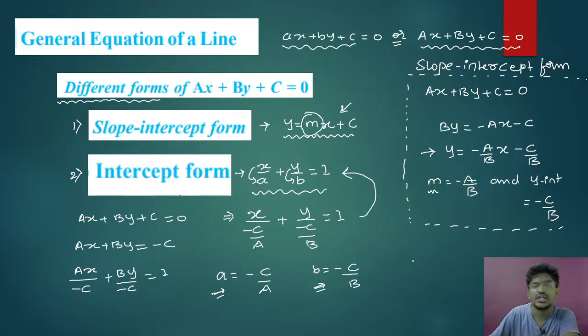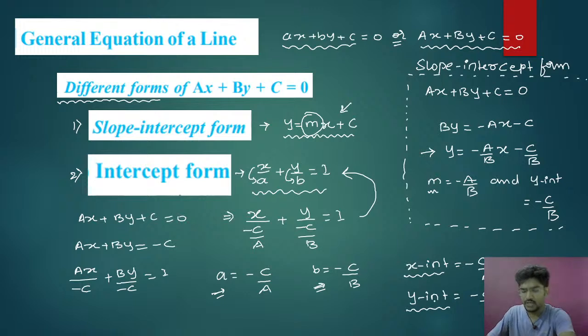So for x-intercept, it will be equal to minus c by a, and for y-intercept, it is equal to minus c by b. From this you can understand that x by minus c by a plus y by minus c by b equal to 1 is your intercept form of the line, where x-intercept is minus c by a and y-intercept is minus c by b.